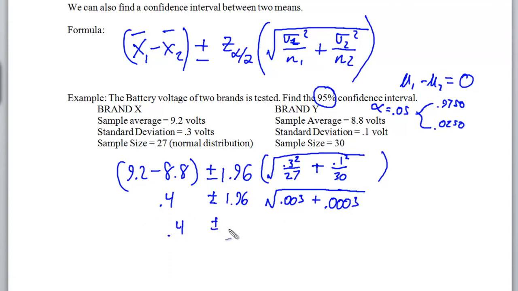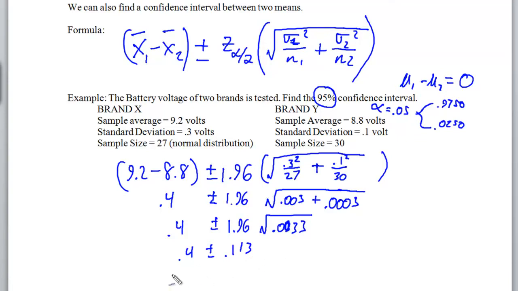Okay, so 1.96 times the square root of 33/10,000ths. That's 0.4 plus or minus 113 thousandths.